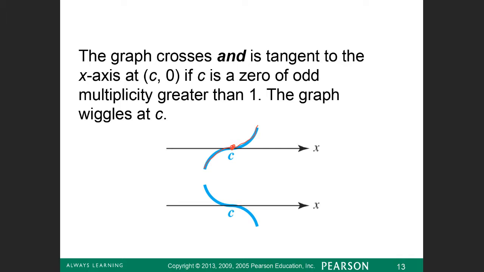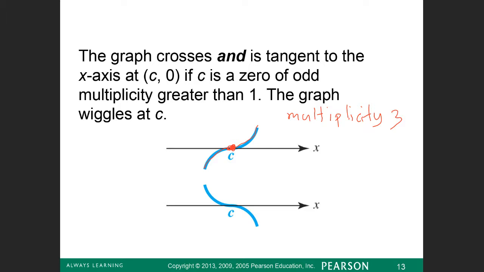So that would be multiplicity of 3, because that's the behavior of the curve at that 0. So the intersection point is at the 0 there. And it's a cubic curve, so multiplicity of 3. So it means you have a power of 3 there. So that's what the word multiplicity means also.